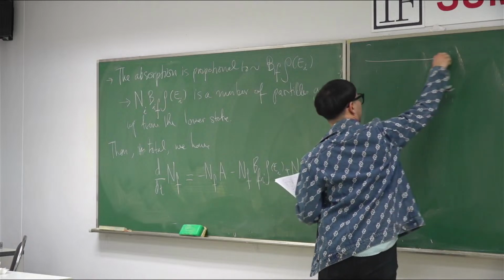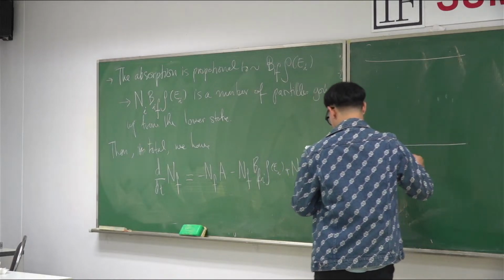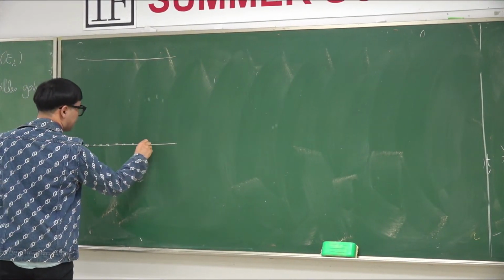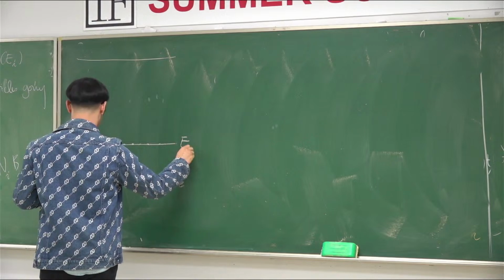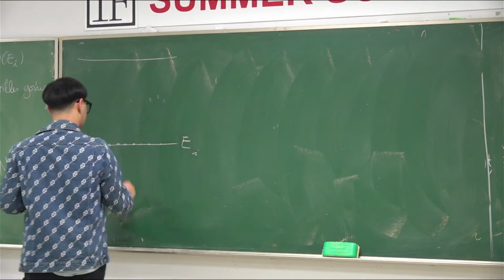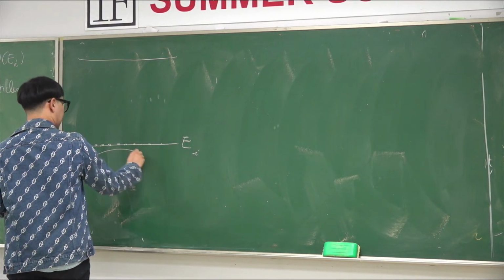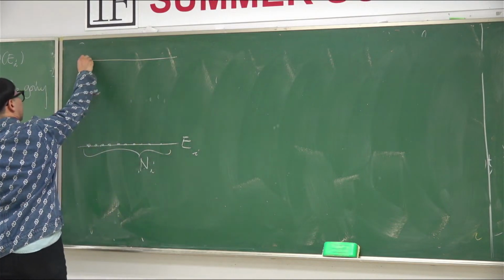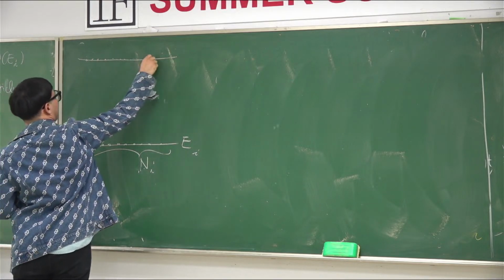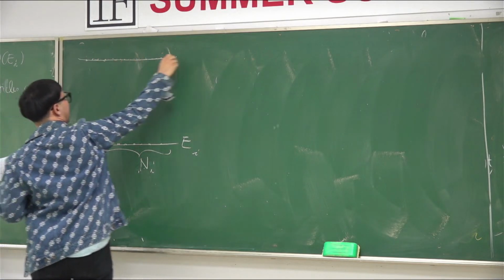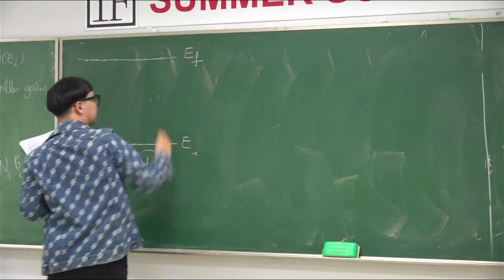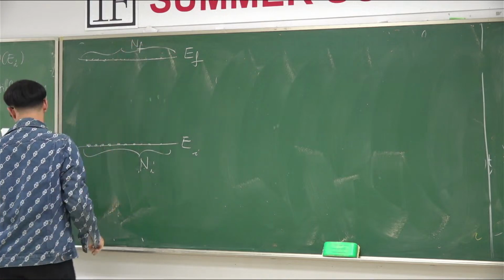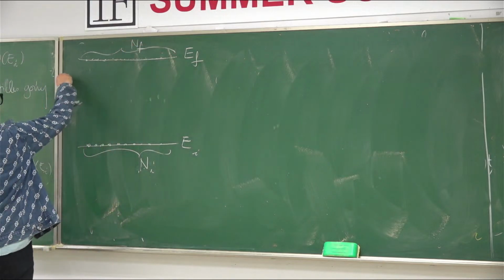So if you draw a diagram, you have a bunch of particles down here, which is NI, and you have a bunch of particles up there, which we call NF.